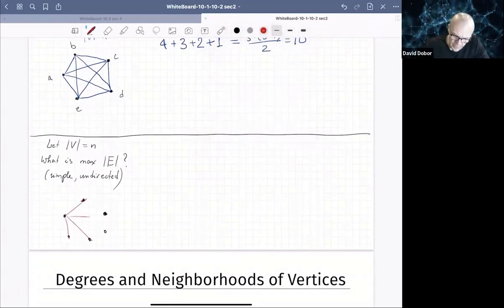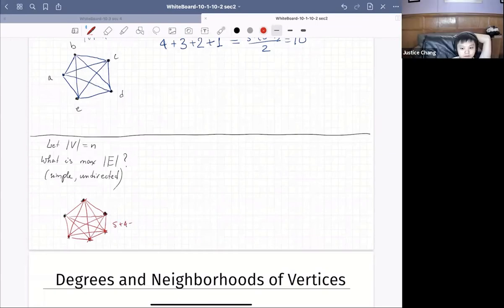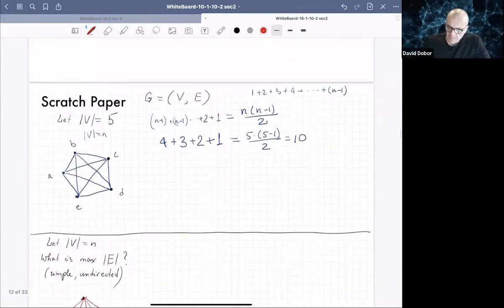What's going to be the answer? How many edges? 21? Or wait, sorry, 5 plus 4, sorry, yeah, 15. Right, not 6, sorry. So 15. Okay.